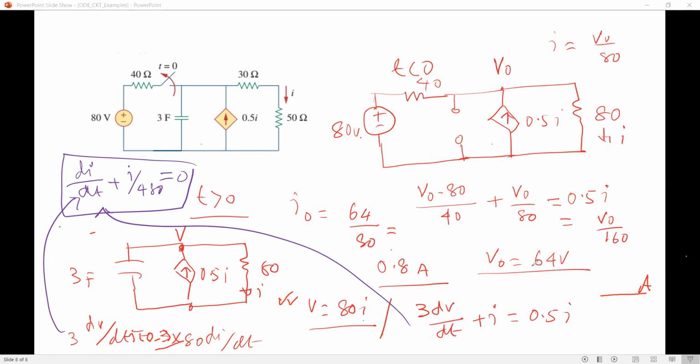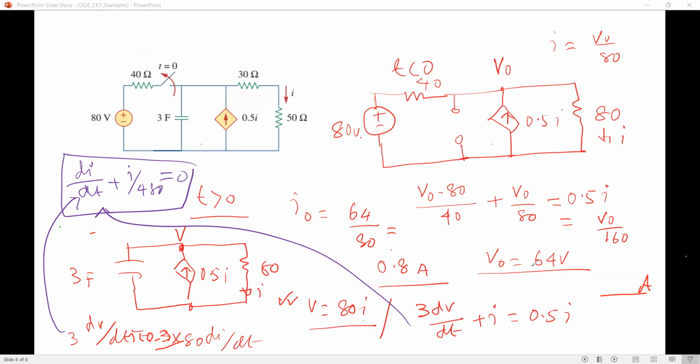So I combined the 50 ohm and 30 ohm resistances to 80 ohm because they are in series. And you see that your current dependent source depends on the current I flowing through the 50 ohm resistance. Then you can apply Kirchhoff's current law at this node.